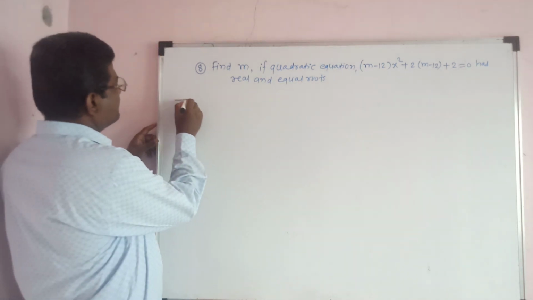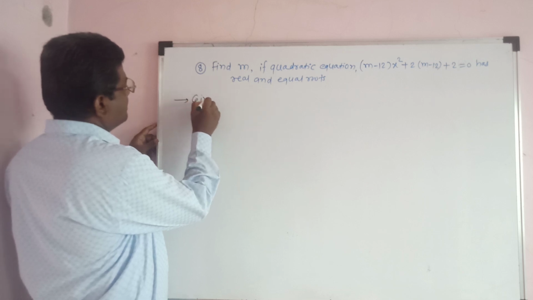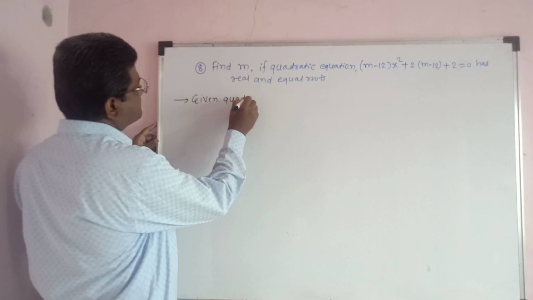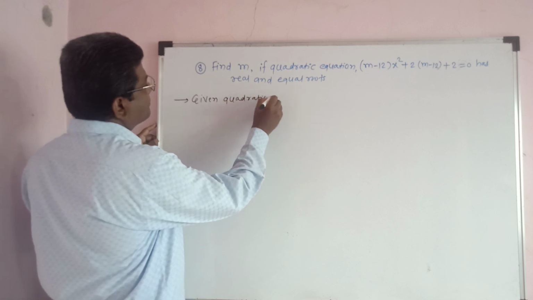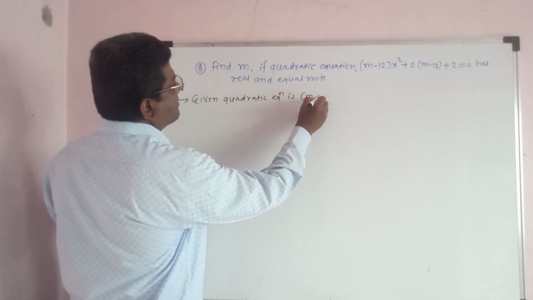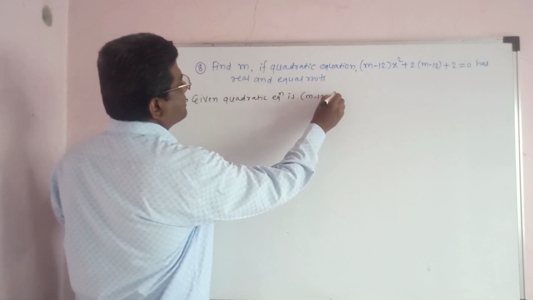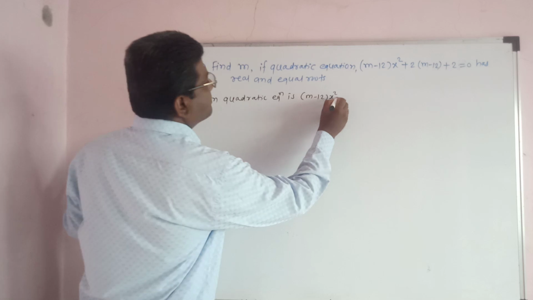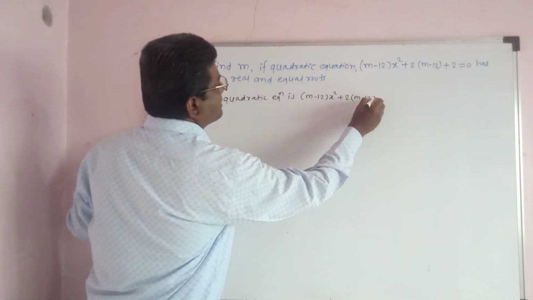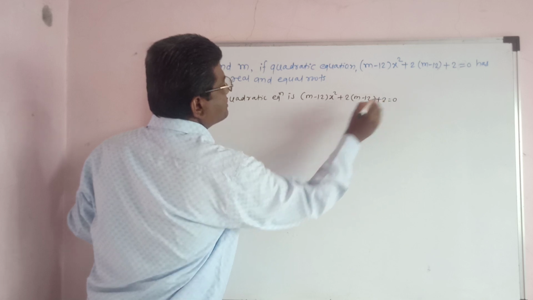Now let us write: the given quadratic equation is (m − 12)x² + 2(m − 12)x + 2 = 0.